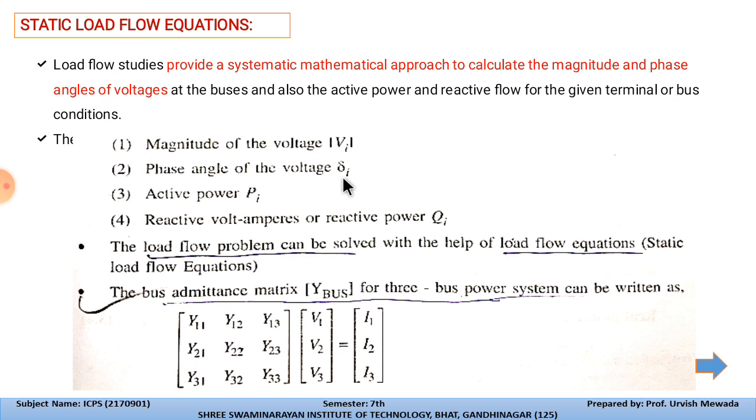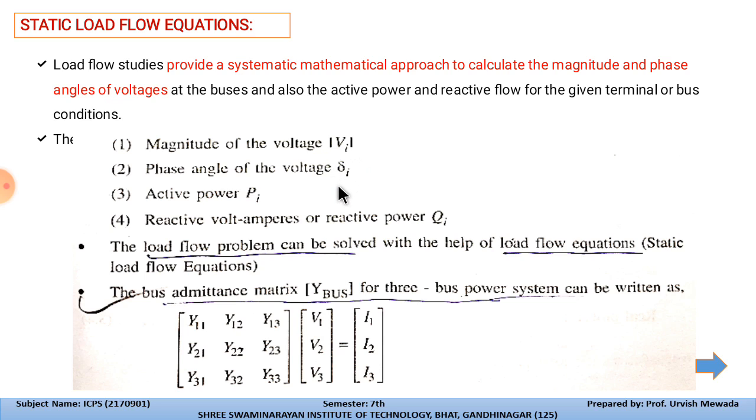equations. So the things that we can calculate with the help of static load flow equations are the magnitude of the voltage, mod Vi, and the phase angle of the voltage, delta i. This is the phase angle between the phases, and this angle describes the transmission of the power, as we already discussed that P is equal to EV by X sine delta.